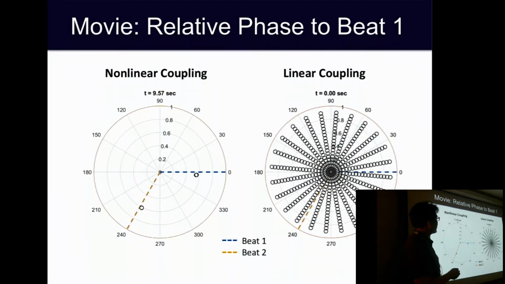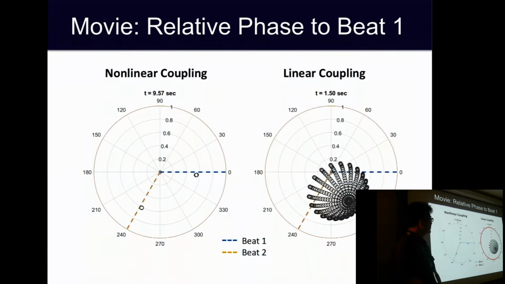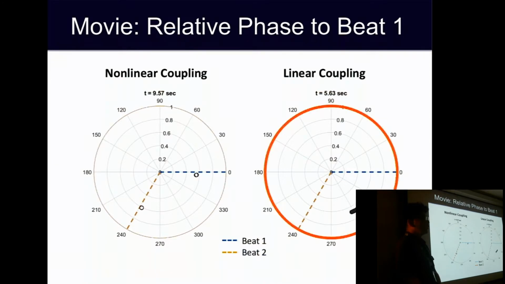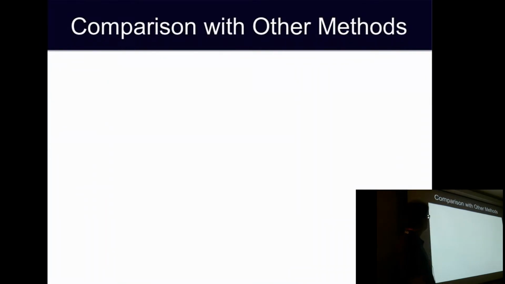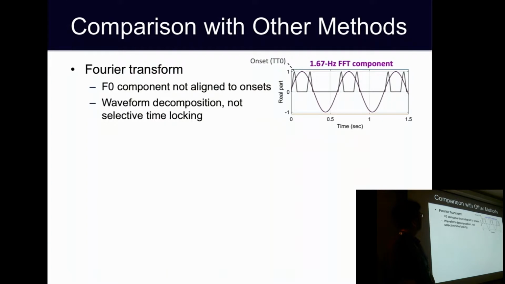But with linear coupling, see, all of them are driven by all events, so they have to fall in between those events. So how does this compare with other methods?